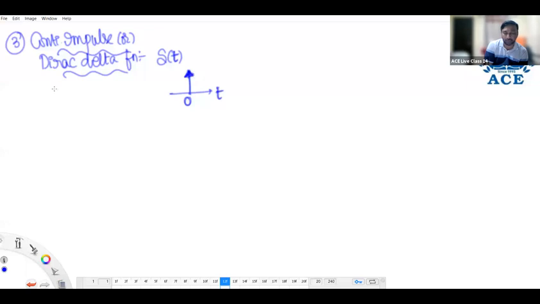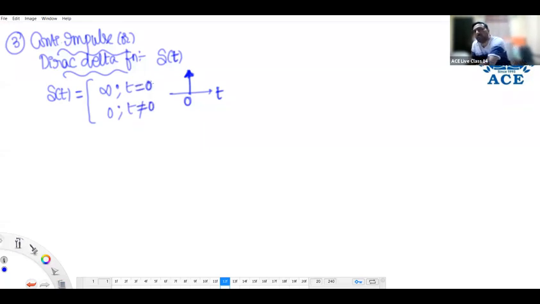Represented as an arrow mark, sir. It is infinity at 0. For all other values of time, it is 0. Del t is infinity at 0. For all other values of time, it is 0.